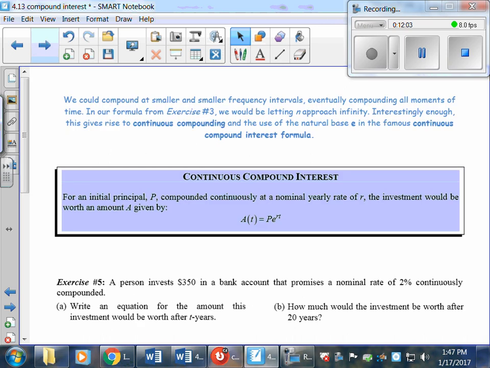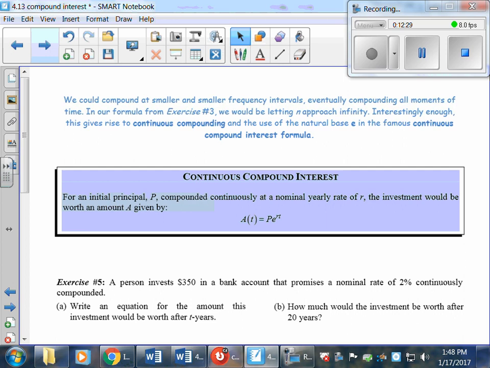We could compound at smaller and smaller frequency intervals, eventually compounding all moments of time. In our formula from exercise number 3, we would be letting n approach infinity. Interestingly enough, this gives rise to continuous compounding and the use of the natural base e in the famous continuous compound interest formula.